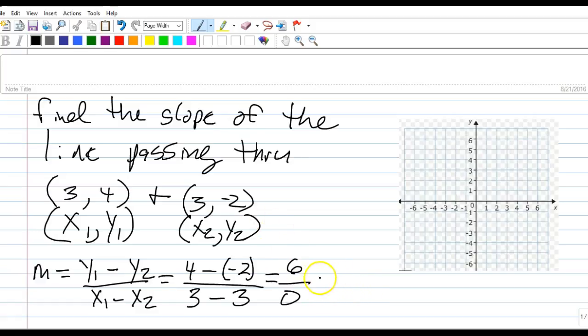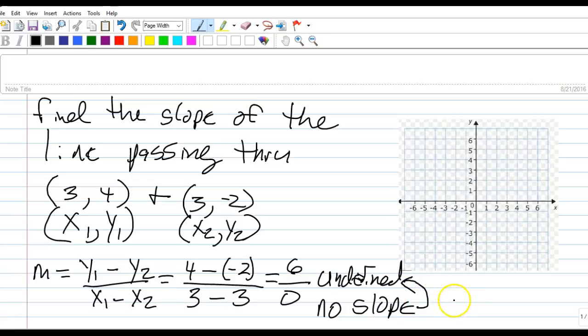Now, anytime you have 0 downstairs, your fraction is undefined, which means that there is no slope. No slope and 0 slope are not the same. No slope means that the slope is undefined, whereas 0 slope is just that, the slope is equal to 0.